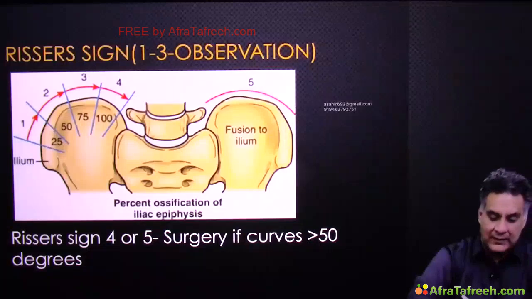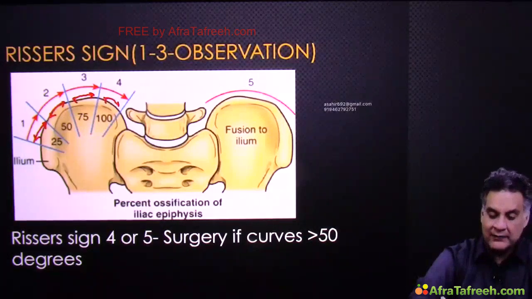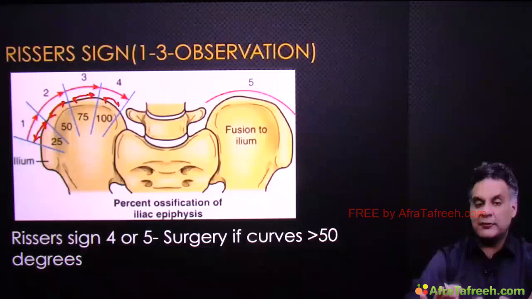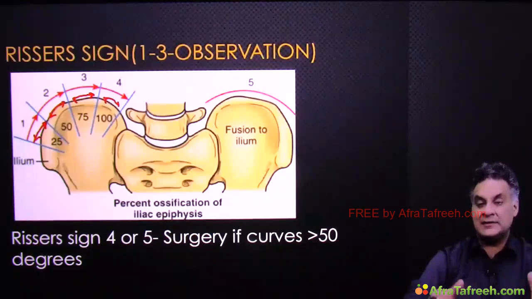So, if there is a fusion, riser sign 1, the first 25% fuses. 2, 25 to 50% fuses. Then next 75, and then 4 and 5 is complete fusion to the ilium. So in riser sign 4 or 5, surgery is carried out if the curves are more than 45 or 50 degrees. Riser sign 1 and 3, you observe because there's a chance it can correct as the child grows.